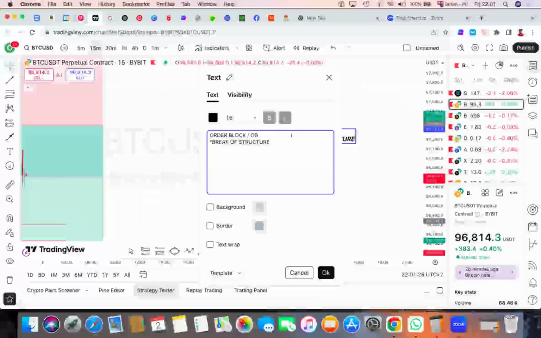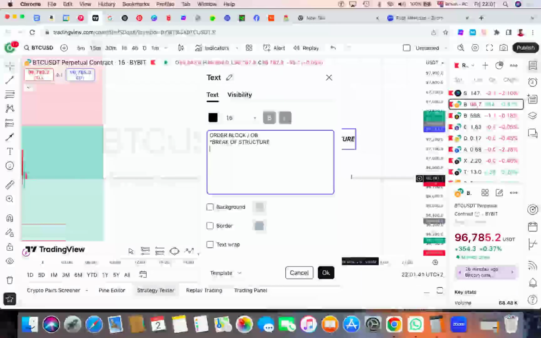So there should be a valid break of structure, and we should have a valid gap, which is the imbalance. There should be a valid imbalance. And we should also identify from our candles the institutional candle.